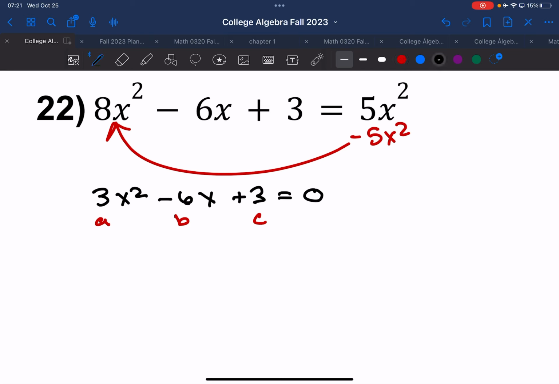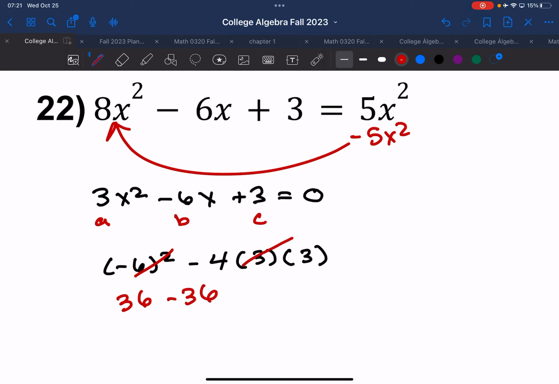So b squared is negative 6 squared, minus 4 times a, which is 3, times c, which is 3. Negative 6 squared is 36, and negative 4 times 3 is negative 36, which gives us 0. And since we have 0, that tells us what about our solutions? 1 real solution.